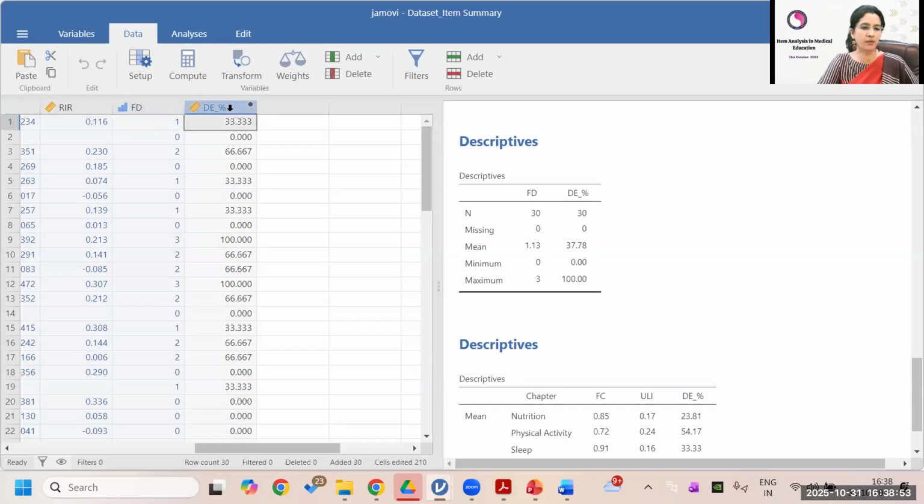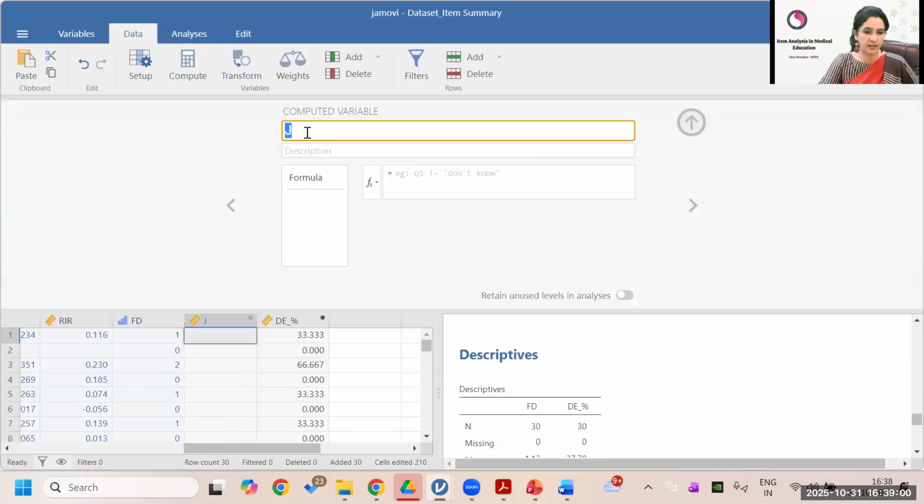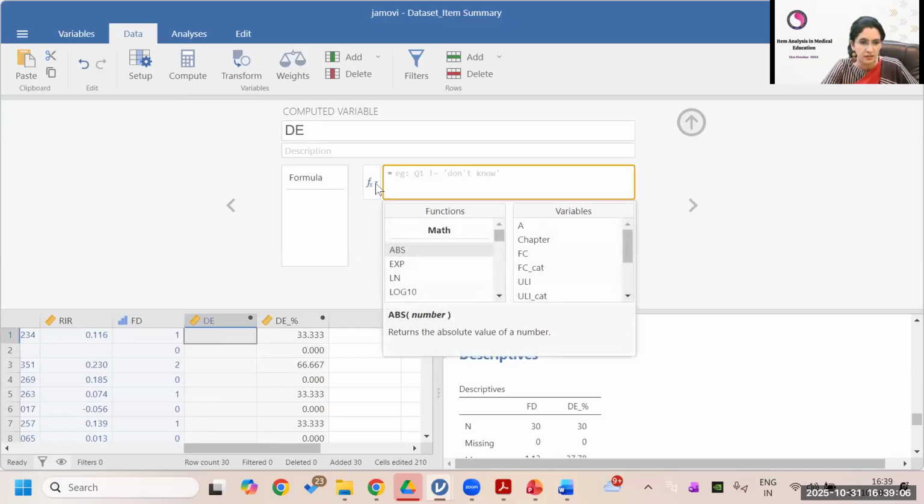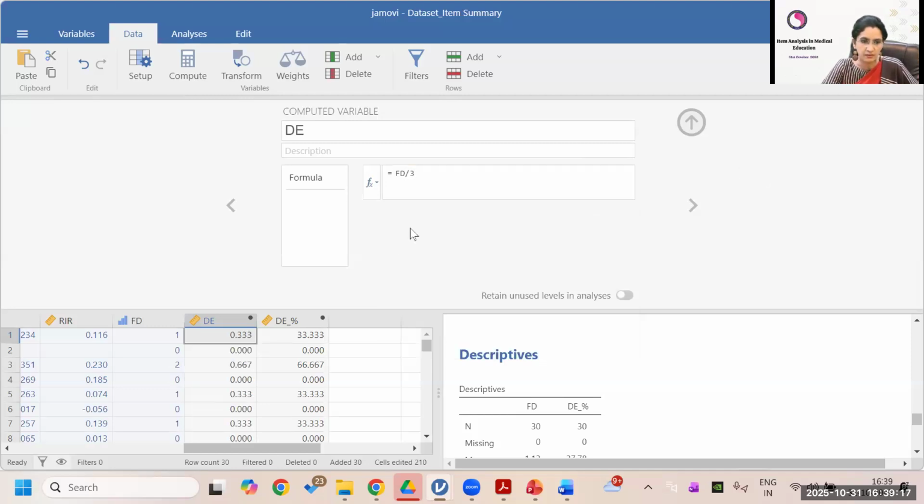Okay, to compute the D%, what you can do is create a variable. You click this compute, and then right here, name it distractor effectiveness, and here you have to select the variable FD, divided by 3, and enter.